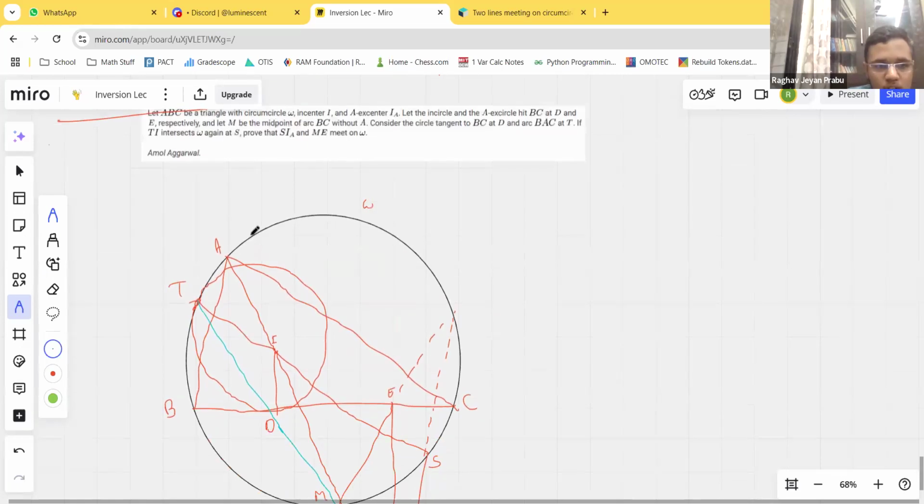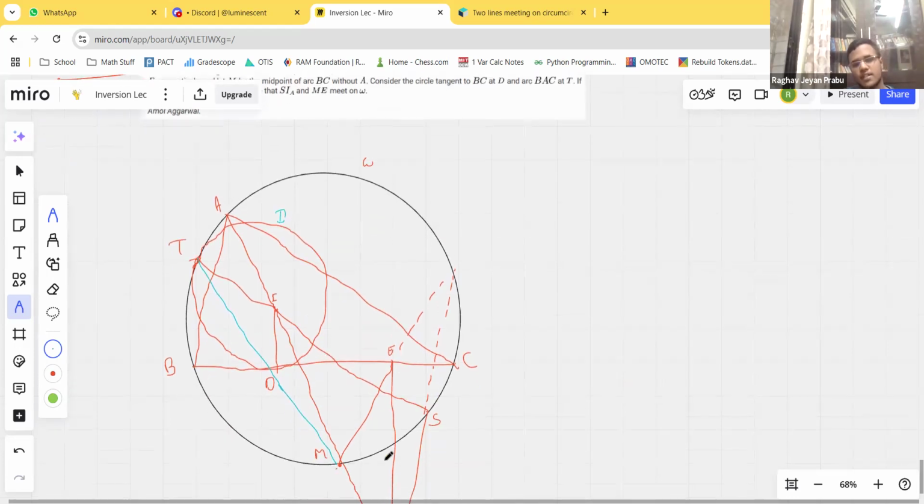No, okay. I'll call this say gamma. So it sends gamma to omega, which means that it will send D to M, since it will send the center of the circle to O, and then you have OM parallel to ID and all of that. Then that just means that D goes to point M. I hope everyone knows this lemma.